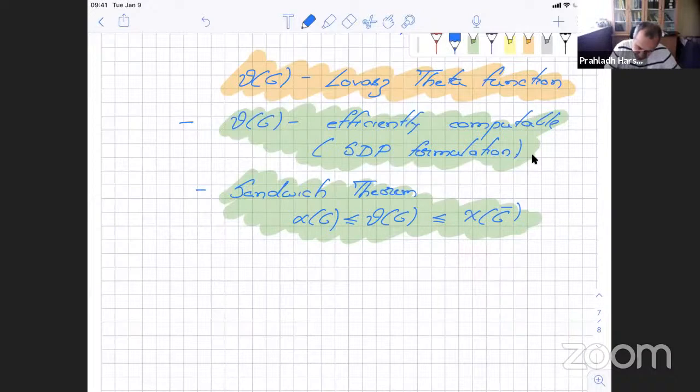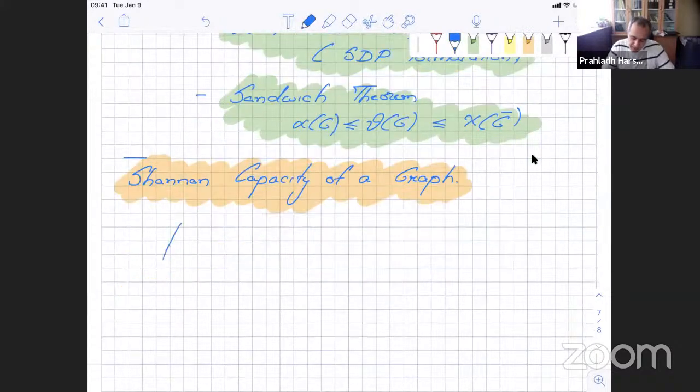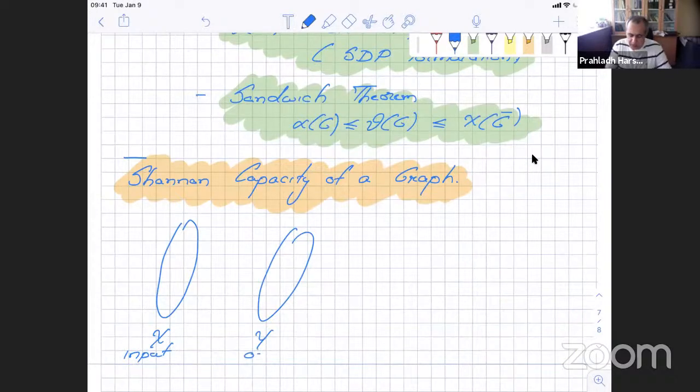So let's start with what I'm going to call the Shannon capacity of a graph. Suppose you have an input alphabet X and an output alphabet Y, and the channel takes an input letter and produces a possible output letter.